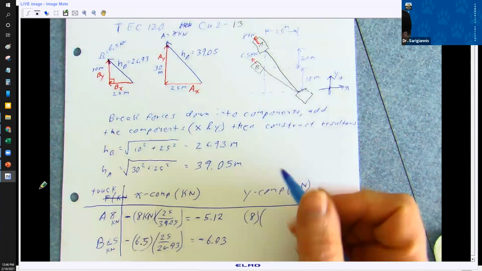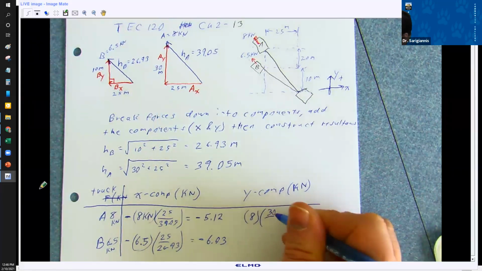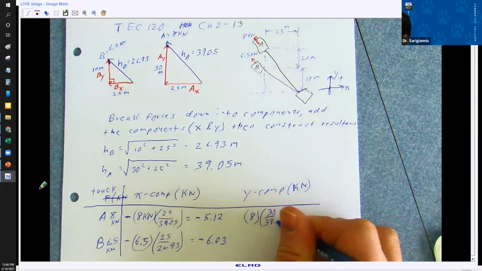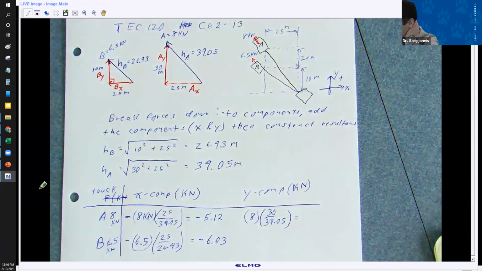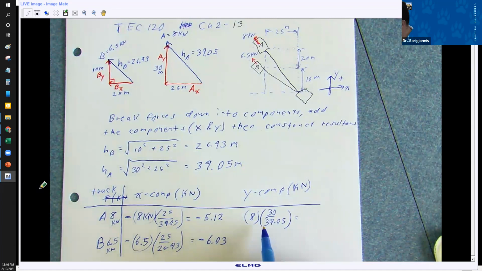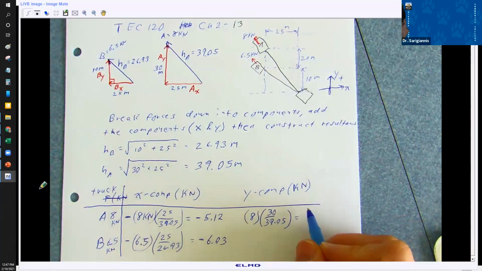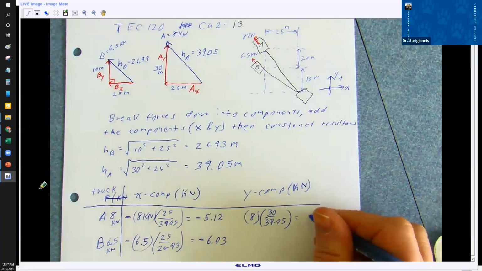So we've got 30 divided by 39.05. Now, you can also tell you're making a mistake if you wind up with a force that's greater than the resultant, right? I should have a number less than 8 for the Y component. So this turns out to be 6.14.